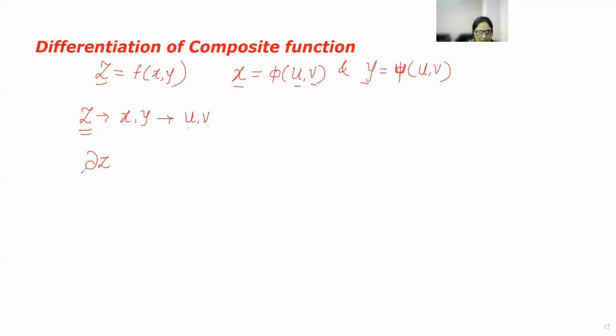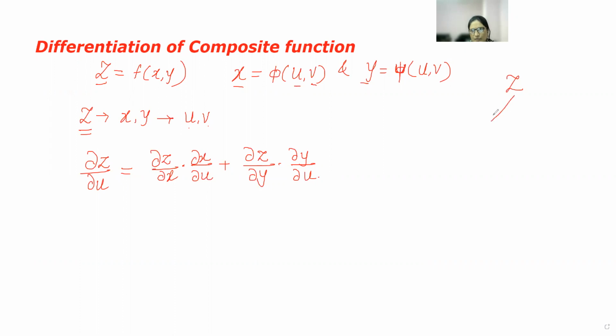So, dou z by dou u is equal to, how are we taking that? Dou z by dou x into dou x by dou u plus dou z by dou y into dou y by dou u. Look at this. Z is a function in x and y, where x and y are functions in one variable, that is u.